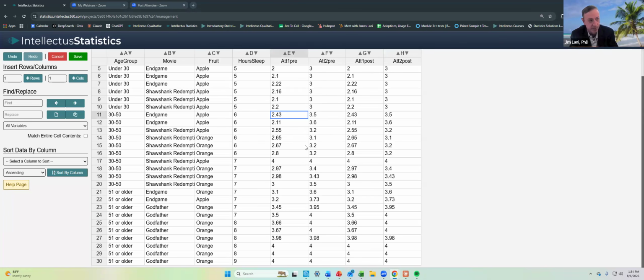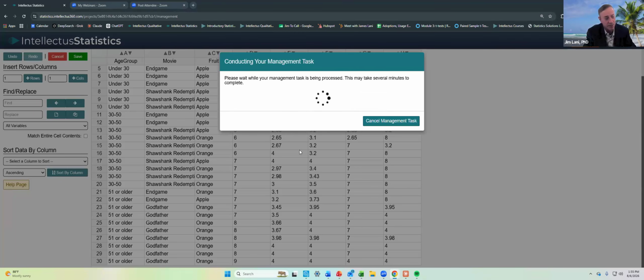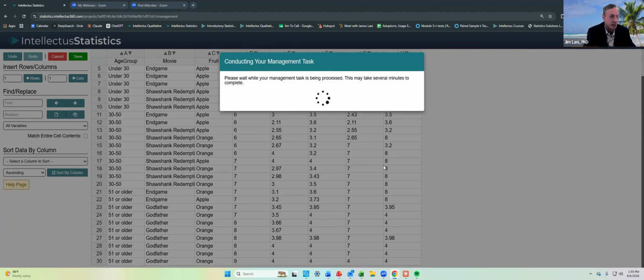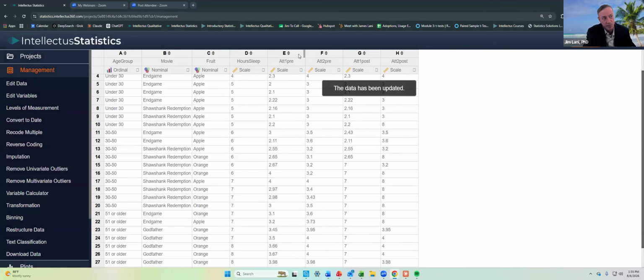Let's just mess up some of the numbers here, just trying to get something going. So there's a couple of things happening here. One is that all of your attitude measures are in columns, and all of your participants have a score on each of these attitudes.